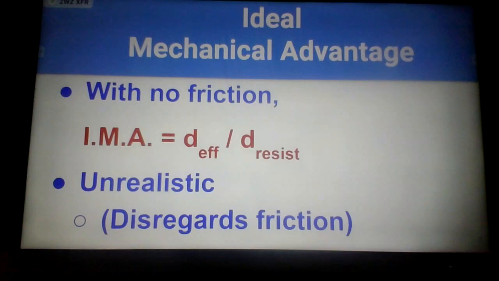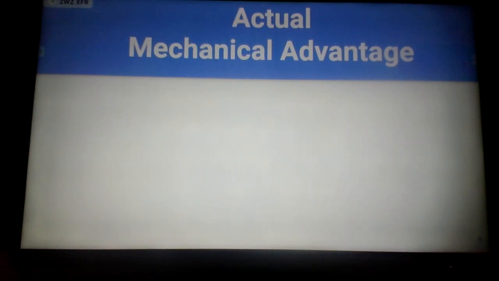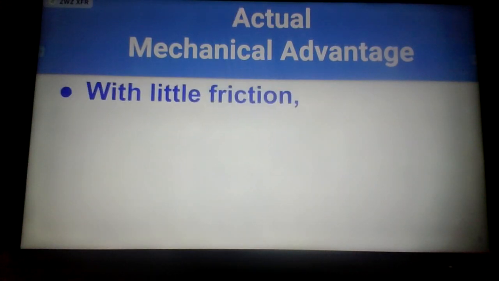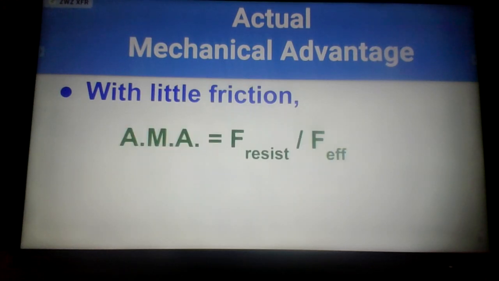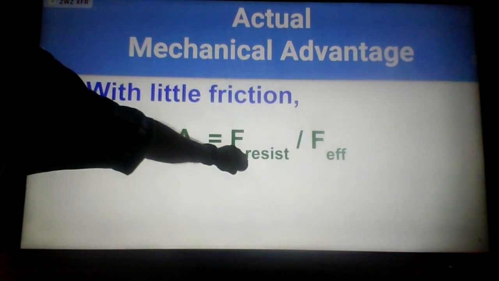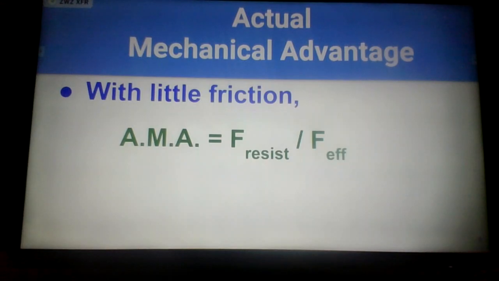Ready? The actual mechanical advantage is a lot more realistic. There's always at least a little bit of friction and sometimes a lot of friction to resist what we're trying to do. Here, we're going to talk about using the forces. The actual mechanical advantage is the resistance force divided by the effort force, which means normally the resistant force is the weight of the object that we're trying to move.